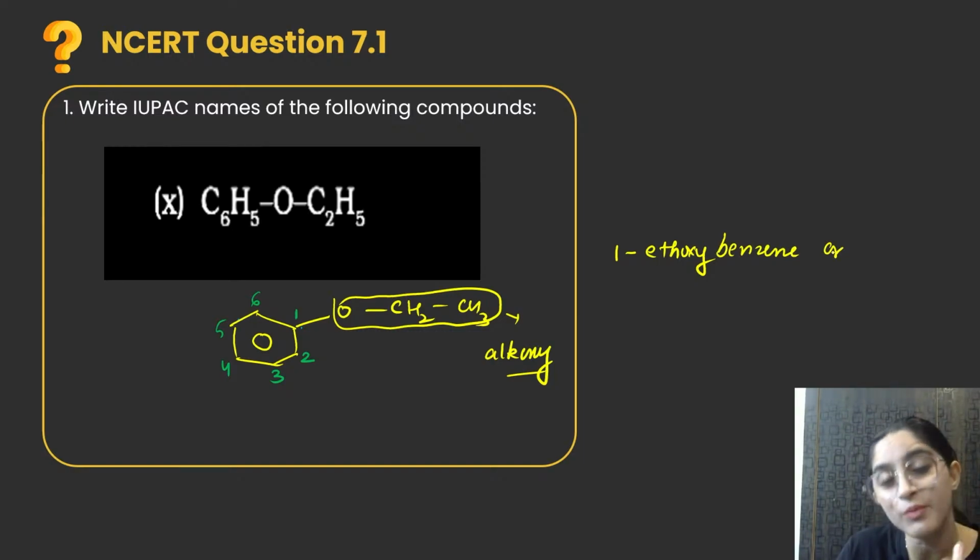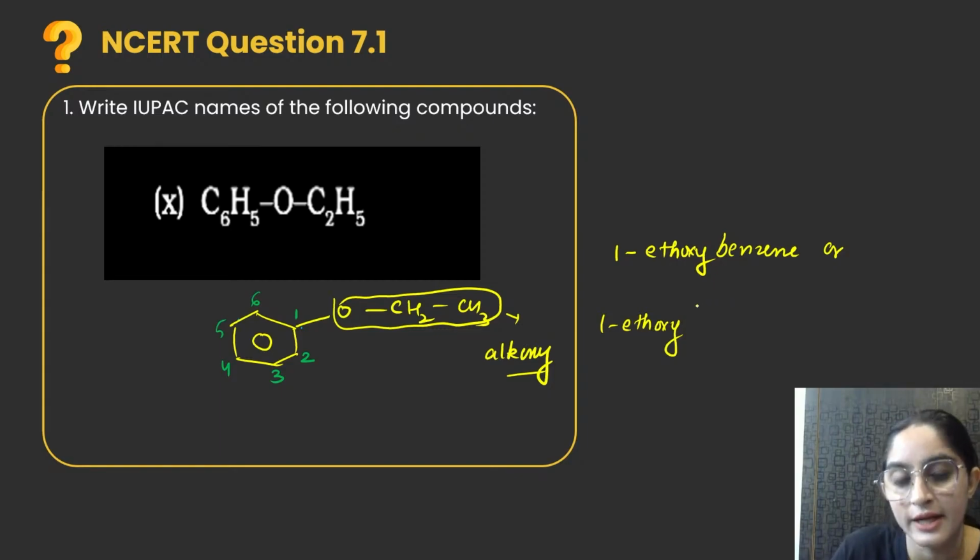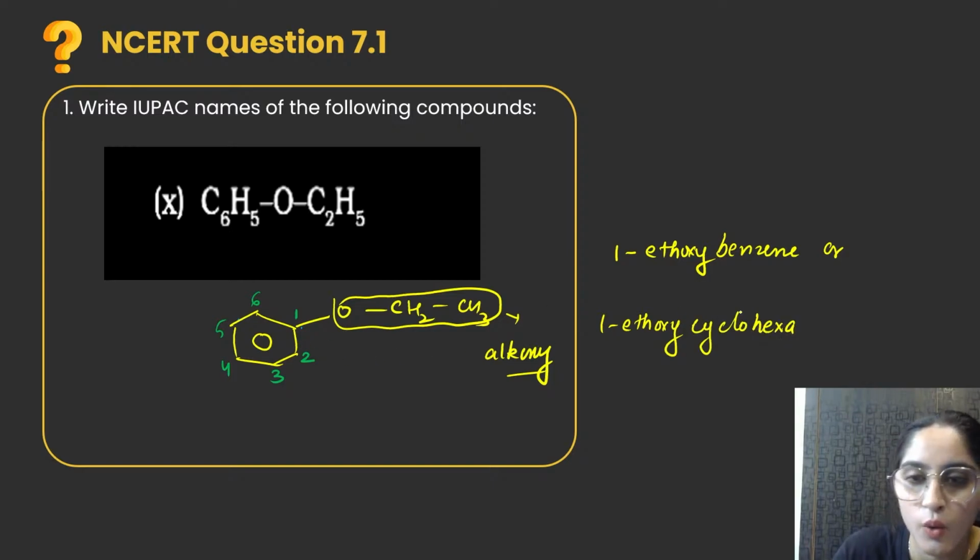In some books, you may see that this is also called benzene if you want the pure IUPAC naming. Though IUPAC has said that you can take this as benzene, still it can also be seen as ethoxycyclohexa-1,3,5-triene, right?